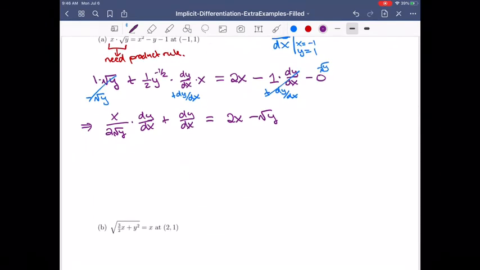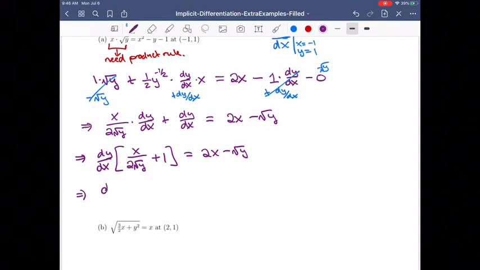So I can factor out dy dx now. So it's going to be x over 2 root y plus 1 equals 2x minus root y. So now I divide. So dy dx is going to be 2x minus root y divided by x over 2 root y plus 1.